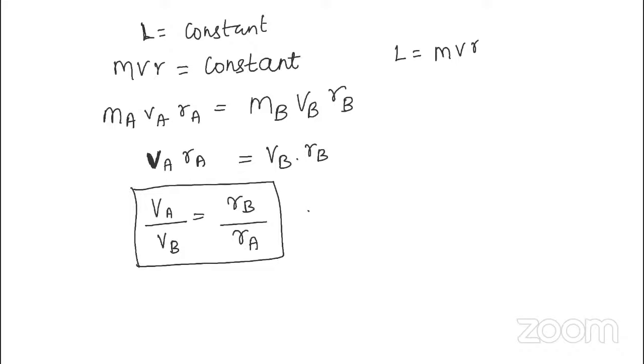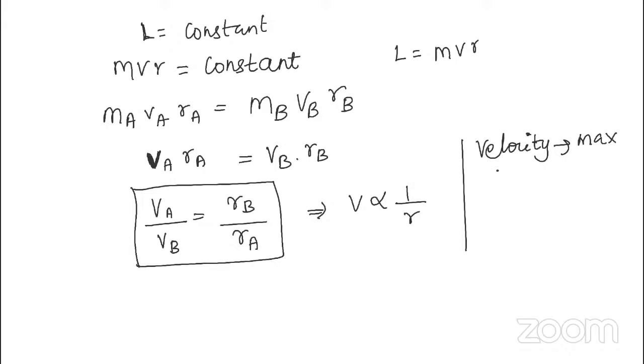From that we can conclude that velocity is inversely proportional to R. Simply we can say that when velocity is maximum, the radius is minimum.